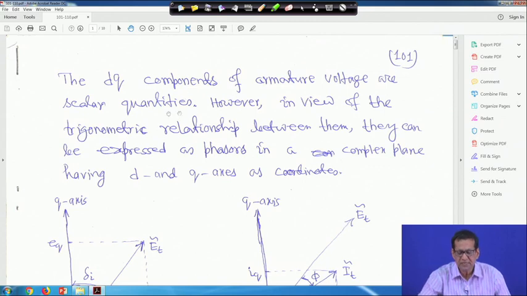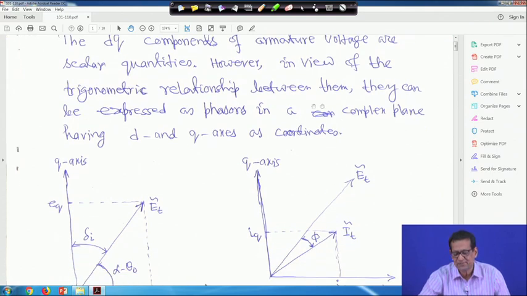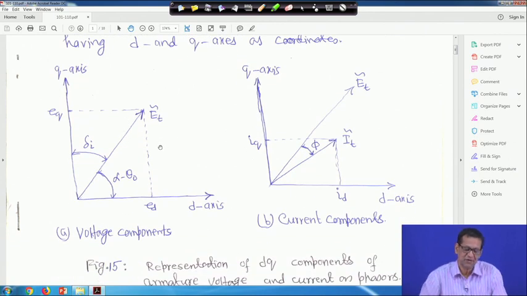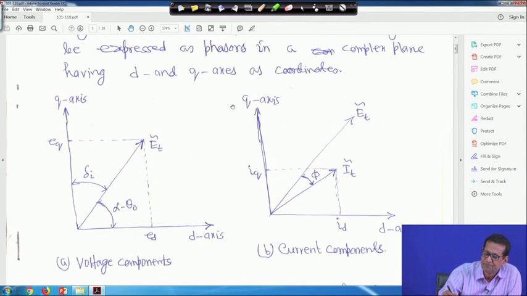Now, the dq components of armature voltage are scalar quantities, as we have seen before. However, in view of the trigonometric relationship between them, they can be expressed as phasors in a complex plane having d and q axes as coordinates, right. For example, this is my q axis and this is my d axis.